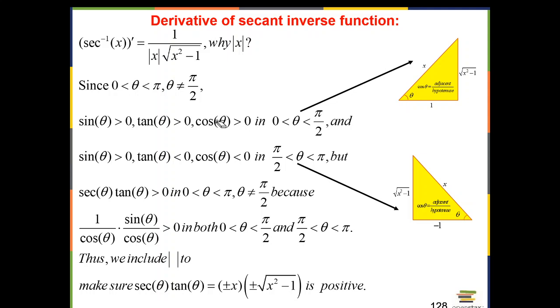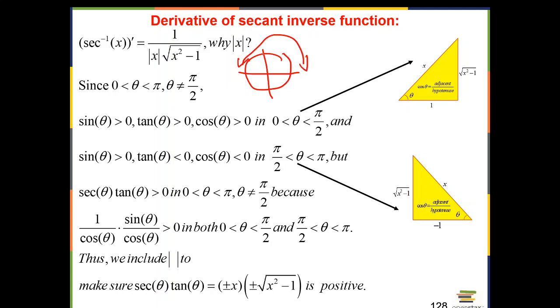Now, what we want really is that in the denominator, we're going to have plus and minus x times plus and minus the square root of x squared minus 1. Because in the restricted domain that we have for secant, when we find the inverse of secant, the restricted domain is going to be from 0 to pi, right?